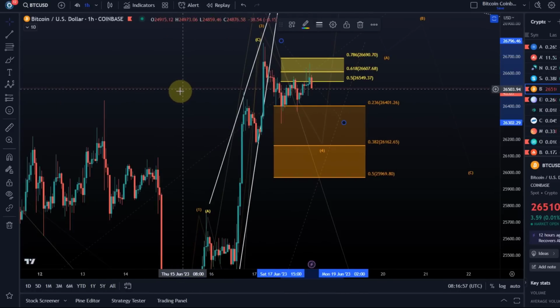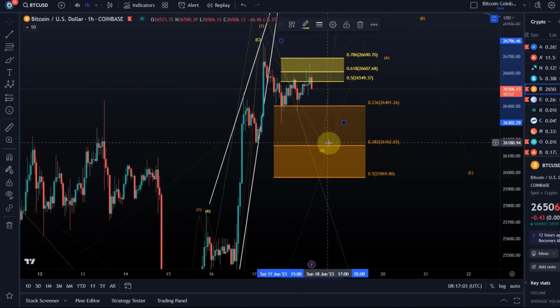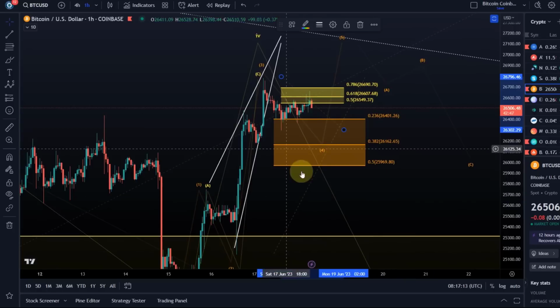So at the moment, this looks as if we get a bit of a deeper wave 4, and the ideal target for a wave 4 is typically the 38.2 fib level at 26,160. But this is just a micro count.